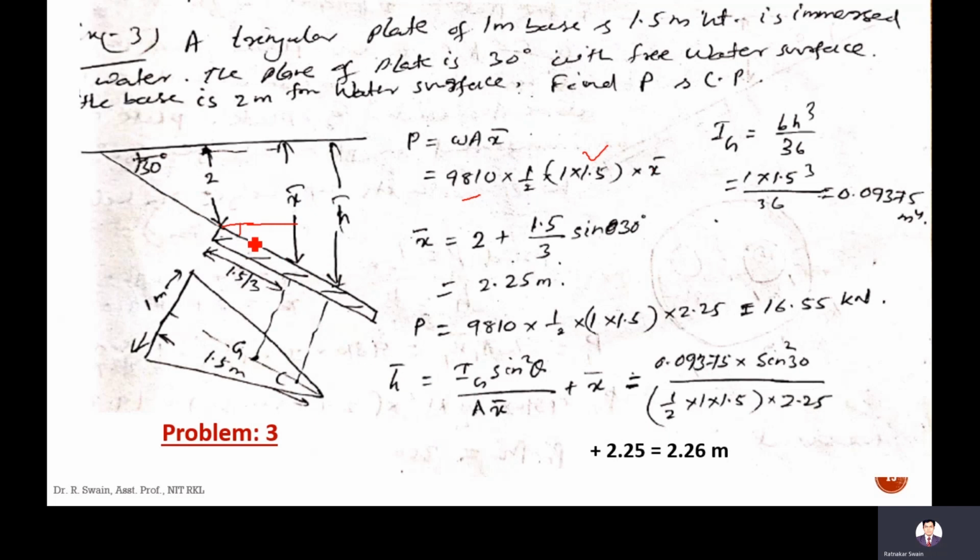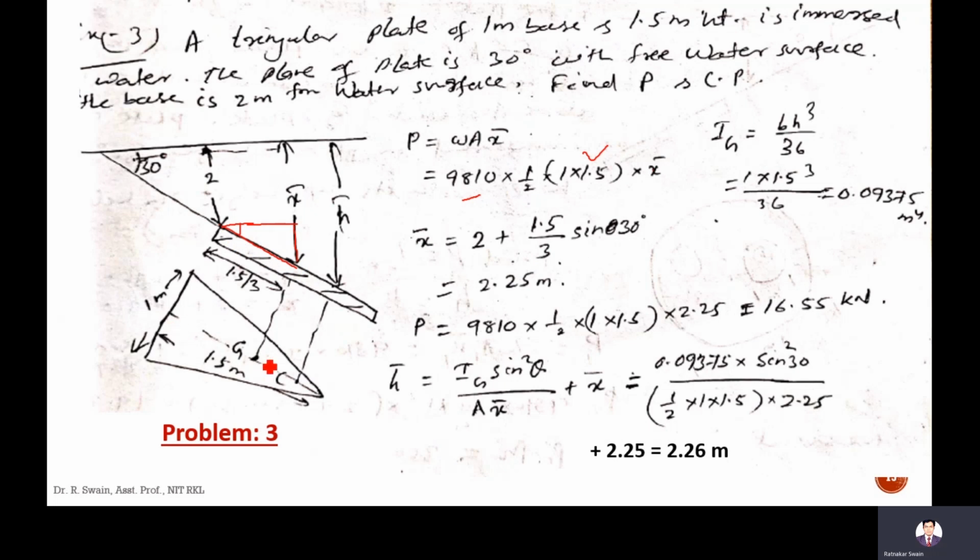This is 30. So sin 30 will be what? Sin 30 will be this divided by this 1.5 by 3, and CG acts at h by 3.